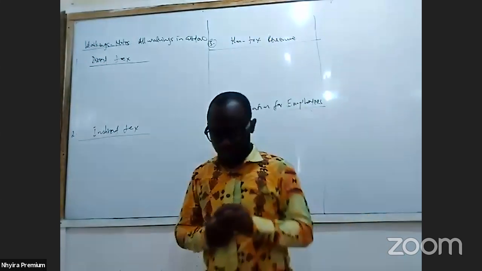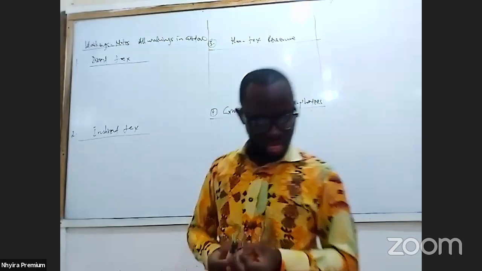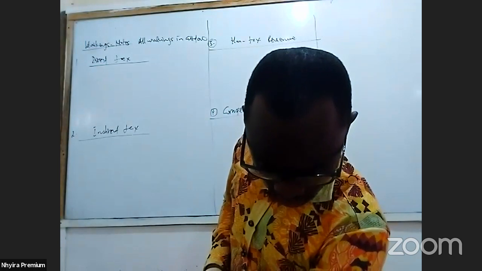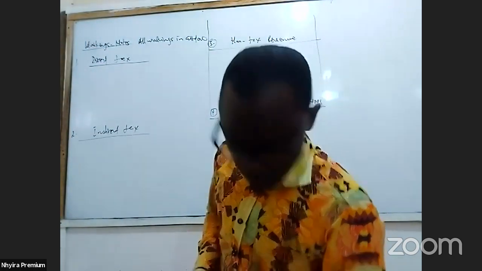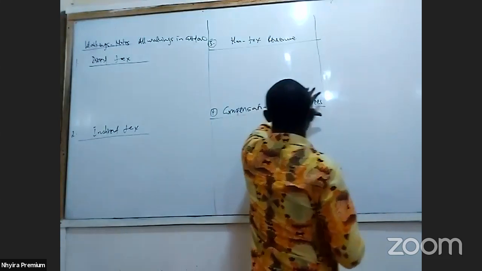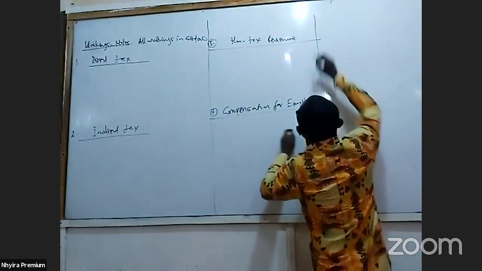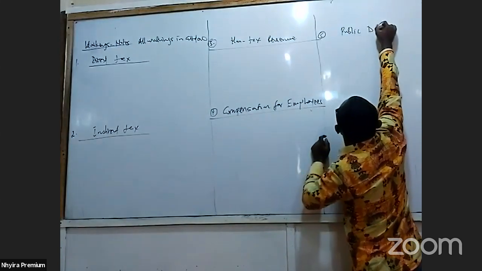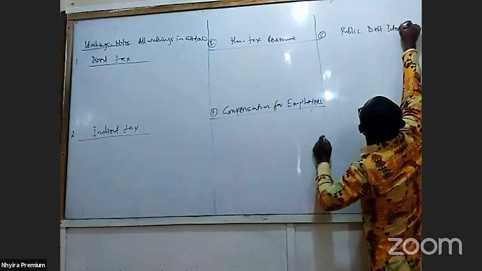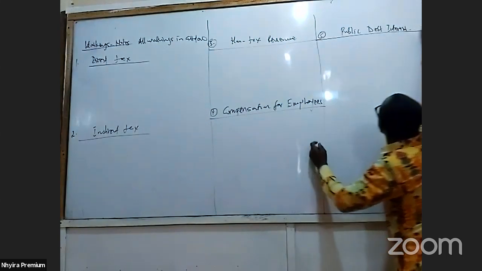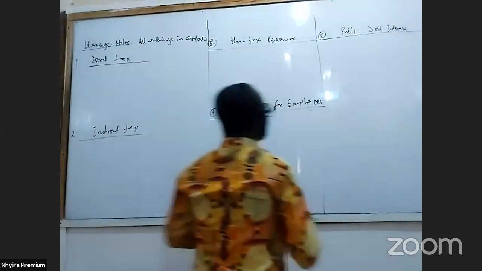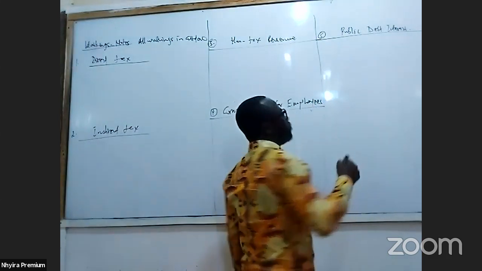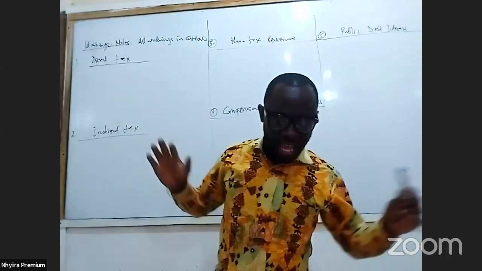Josephine Annan, I see you. So compensation for employees will come. Then number 5, I would want to do public debt interest. I don't know, but definitely this is a regular item that is going to be there. Number 6, based on the government charts of accounts, maybe we can do PPE, but we don't know what is really there.